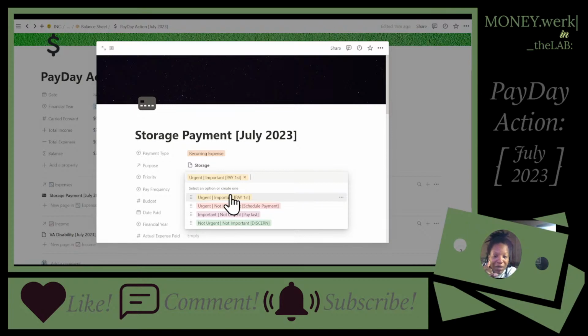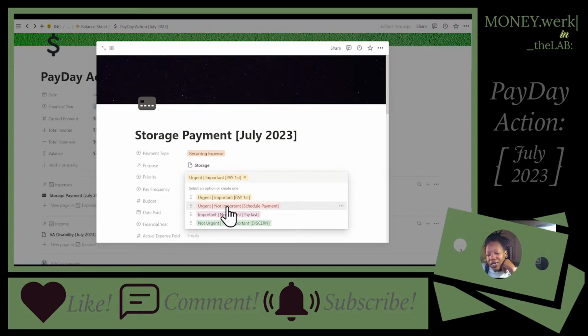My gym membership comes out as urgent and important because it also is auto-drafted on the first. As well as, that's part of my self-care. If I'm not taking care of myself, then I don't know why I would consider it not important, right? Taking care of my body is important. And it's urgent in the way that it's due on the first. Like, they don't play. So, there's that.